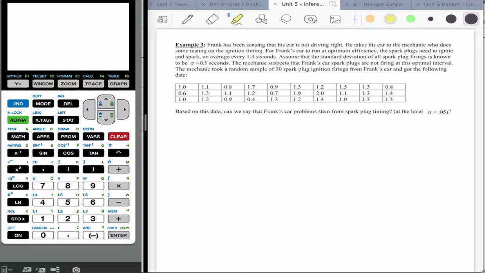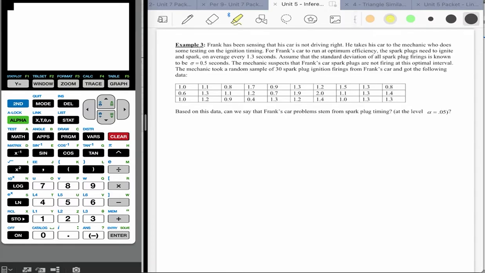All right. So Frank has been sensing that his car is not driving correctly. He takes his car to the mechanic, who does some testing on the ignition timing. For Frank's car to run at optimum efficiency, the spark plugs need to ignite and spark on average every 1.3 seconds. Assume that the standard deviation of all spark plug firings is known to be sigma equal to 0.5 seconds.